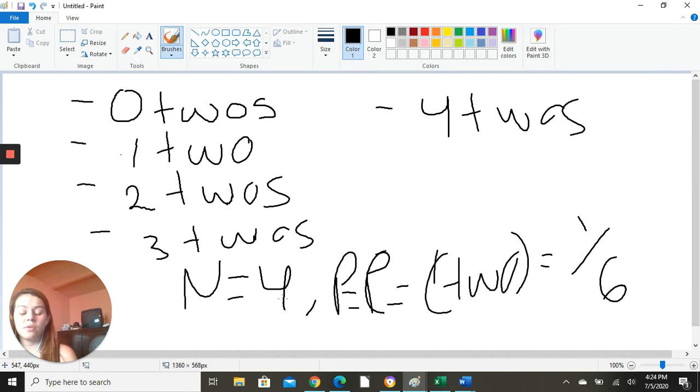So once again, n equals 4 because that's the number of trials, and p, this is the probability, and we want to focus on 2, so it equals 1/6. All right, let's get into finding our 0 twos. No, first of all, let me show you guys the formula we're going to be using. Sorry, forgot about that.